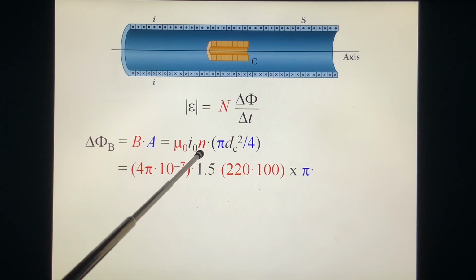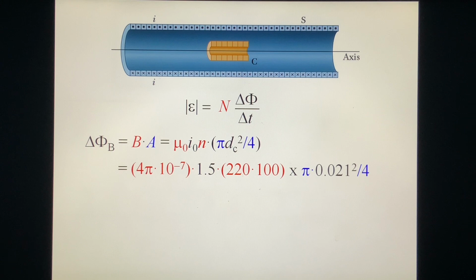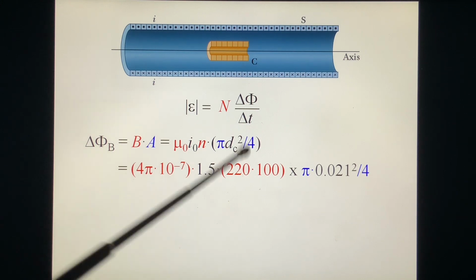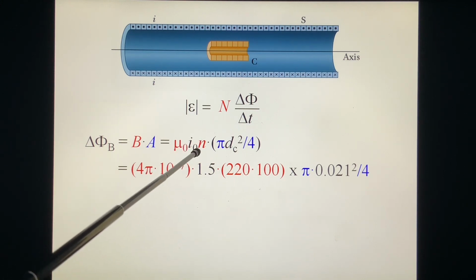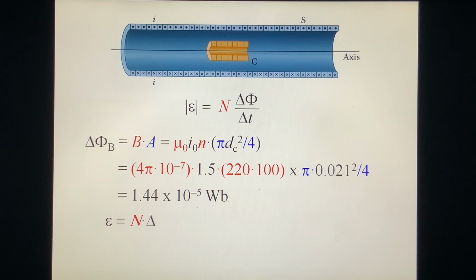Now, this is n, defined by turns per unit length. Here the length should be in meters, and the given data is per centimeter, so we have to multiply by 100, because 1 meter equals 100 centimeters. Then we get the answer.